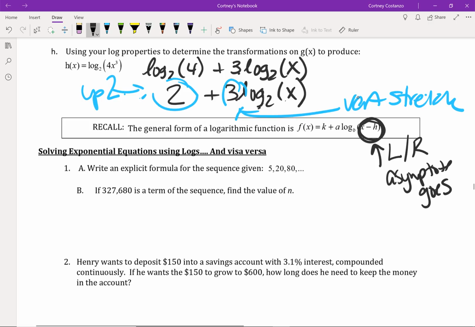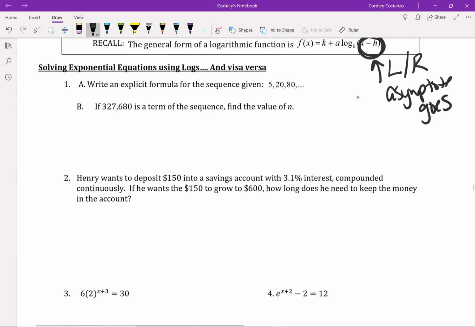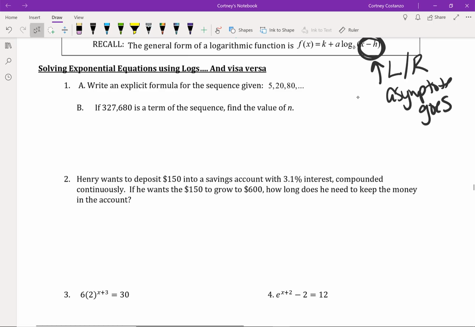All right, so now we get into actually solving either exponential equations using logs or solving log equations using exponentials. So it can kind of go either way depending on what the equation looks like. So number one, we have basically a sequence. It's asking for the explicit formula for the following sequence. What I notice is to get from 5 to 20 and 20 to 80, I have to multiply by 4.